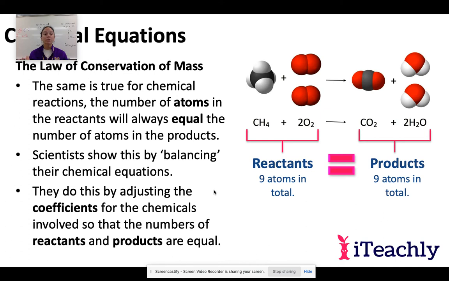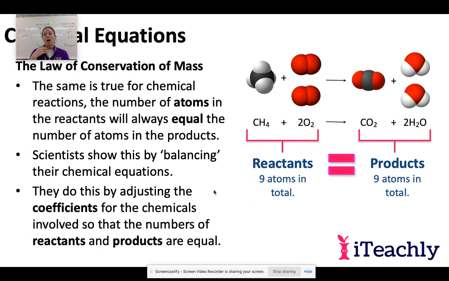So how do we do that? In order to do this, we need to put coefficients. The coefficient, remember, tells us the number of molecules we have of that substance. By putting a coefficient in front of our compounds or in front of our molecules, we can represent how many of those we need. It's like saying, I need 2 bags of cheese, right?